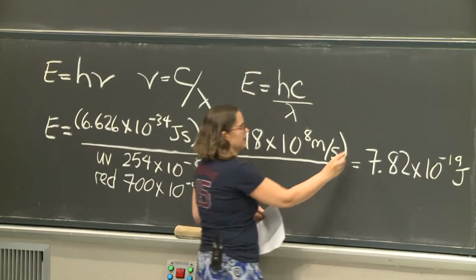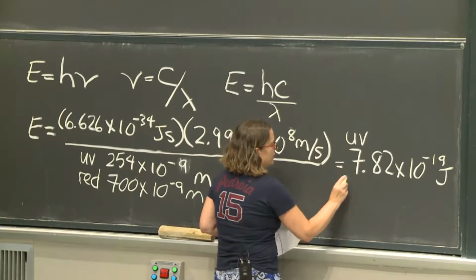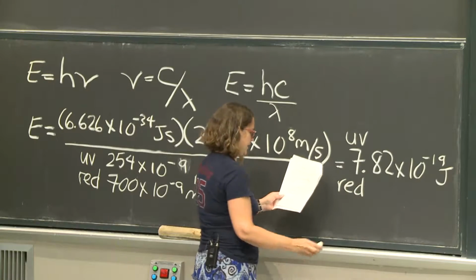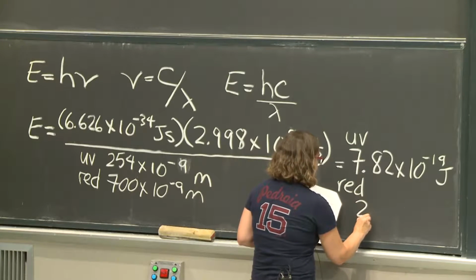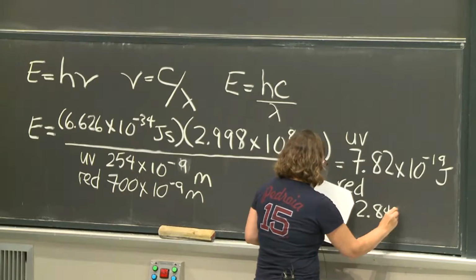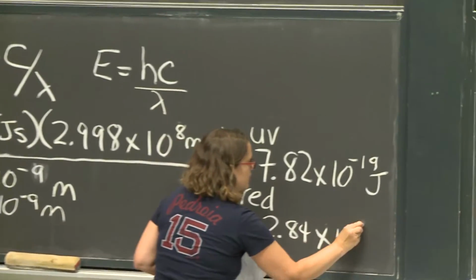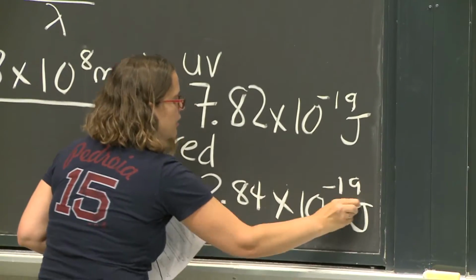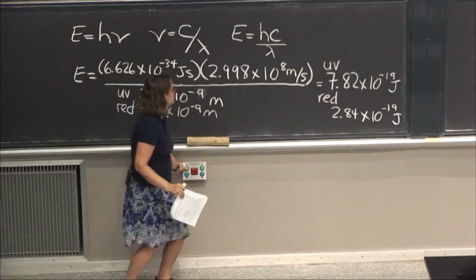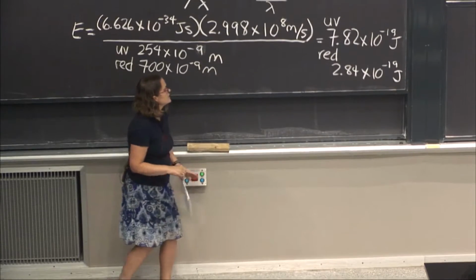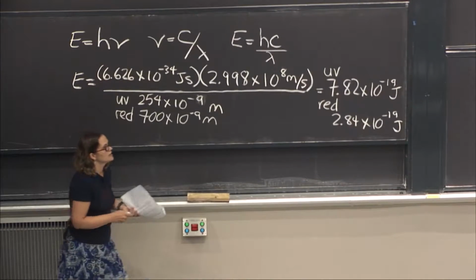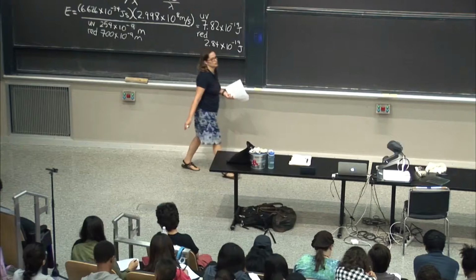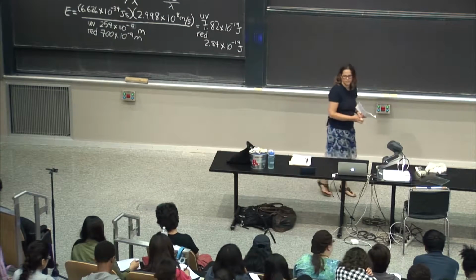And so here's our answer for the UV. And our answer for the red light should be 2.84 times 10 to the minus 19 joules. And I'll move this up a little so people can see that. So does that have enough energy to eject an electron?